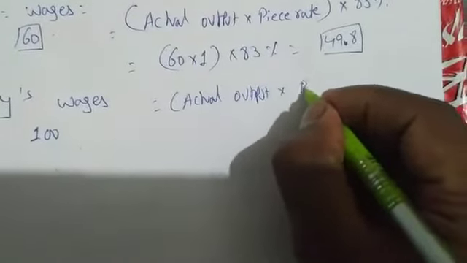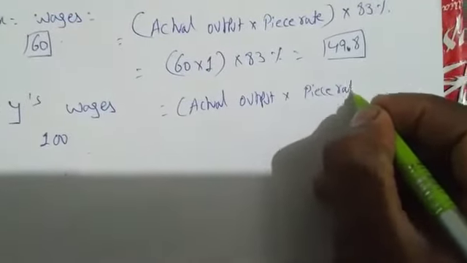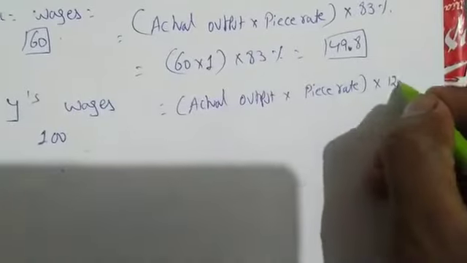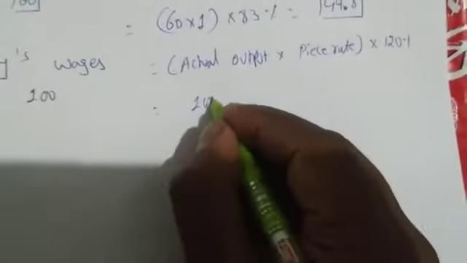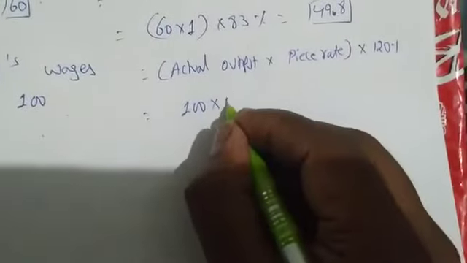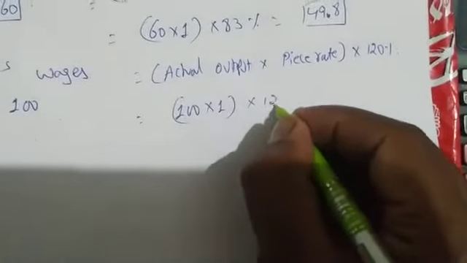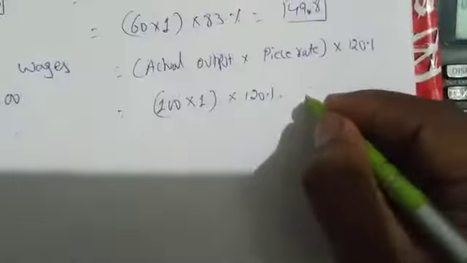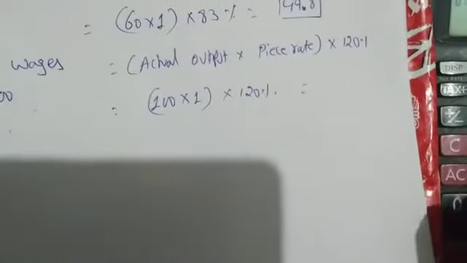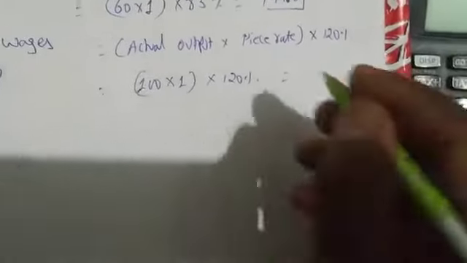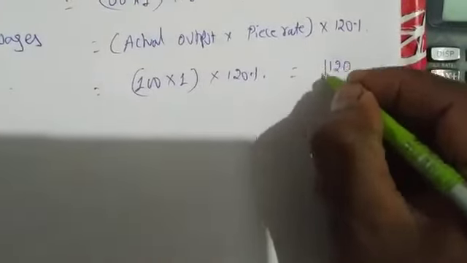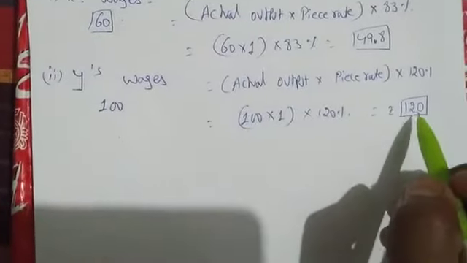How many pieces is he producing? 100 into 1 rupee into 120%. 100 into 1 is 100, into 120% is 120. So Y will receive wages of rupees 120.